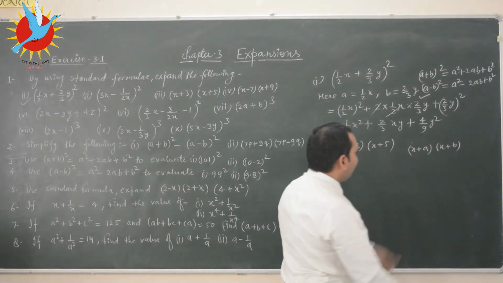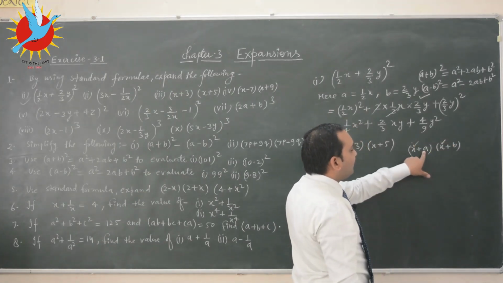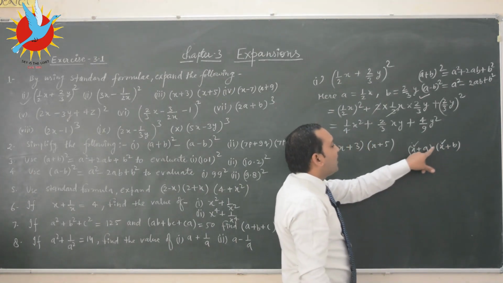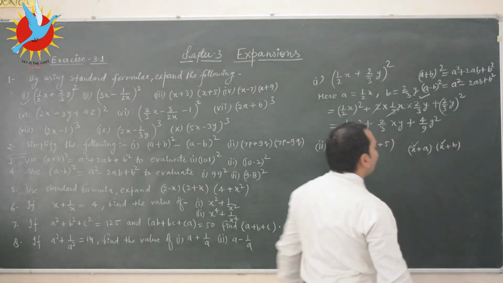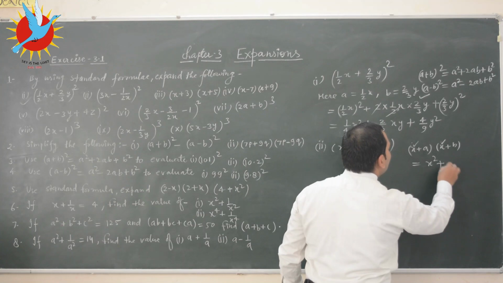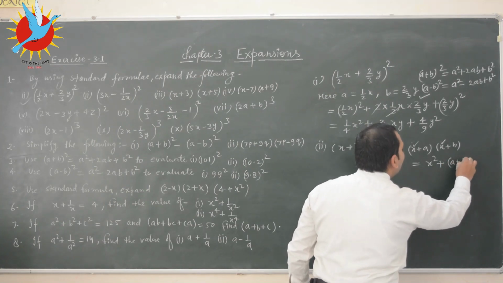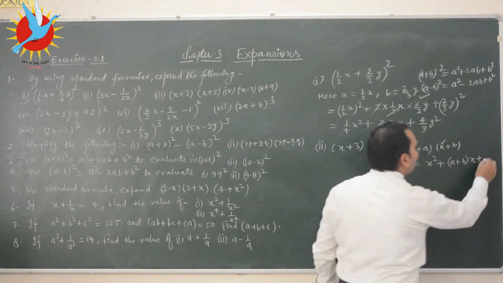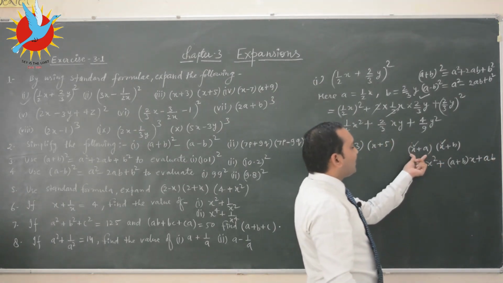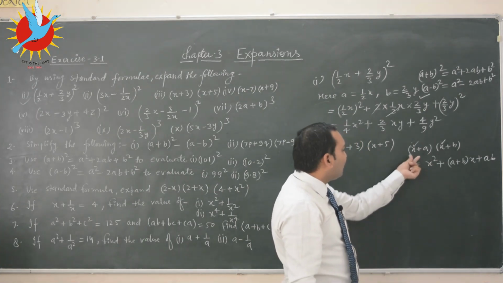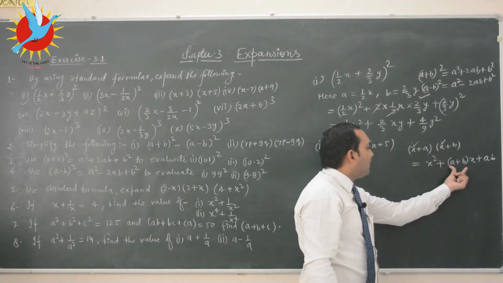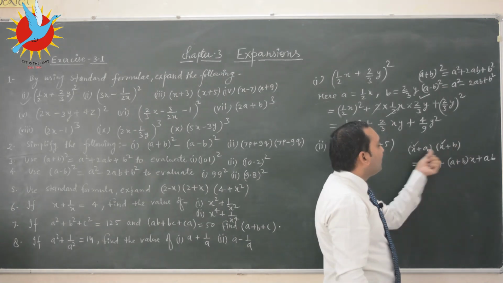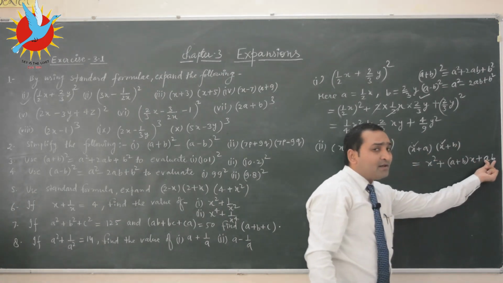Here the first term is same, but the second terms are different, means in the first expression the second term is A and in the second expression the second term is B. So we write x plus A into x plus B is equal to first term square plus sum of the second terms into first term, that is x, plus product of the second terms, A into B.